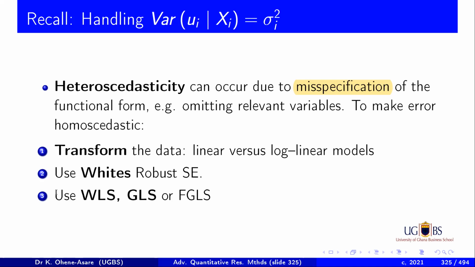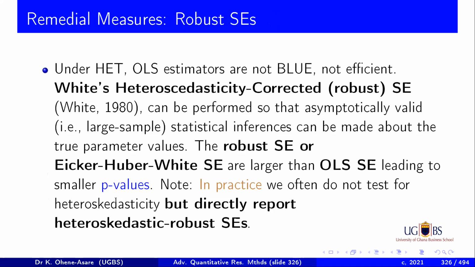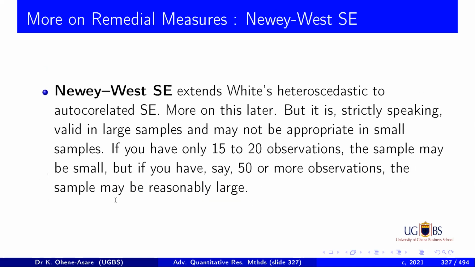The final one, which is more or less like a blend of the two, is the use of the weighted least squares, WLS, or feasible GLS, which is actually the application of the weighted least squares. So we're going to understand each other then. I'll be going slowly. If you have any challenge at any point, kindly let me know. All right.